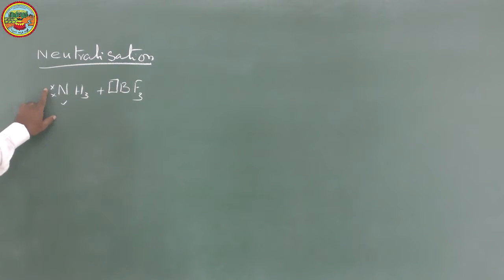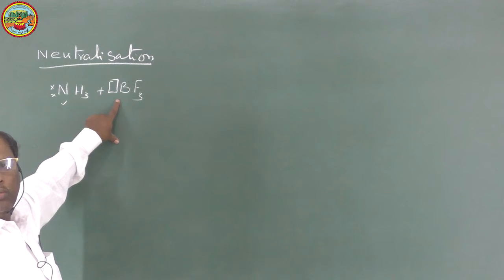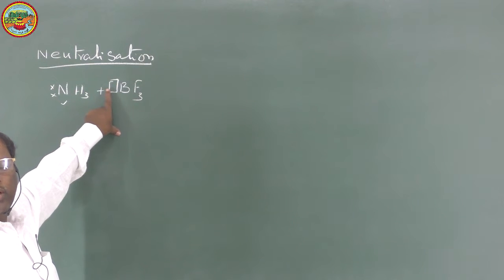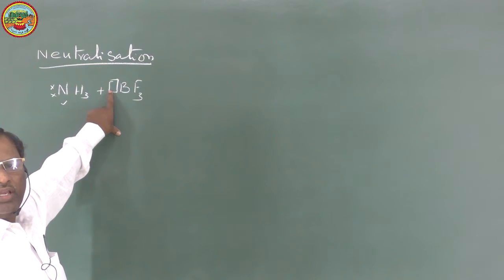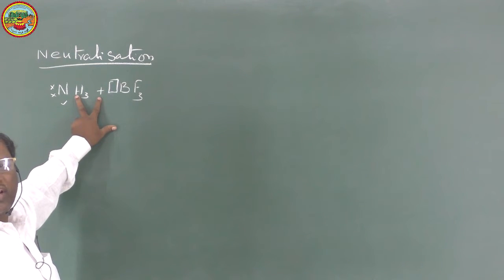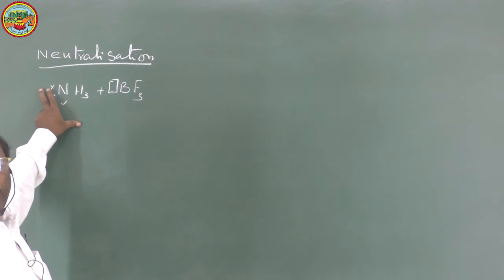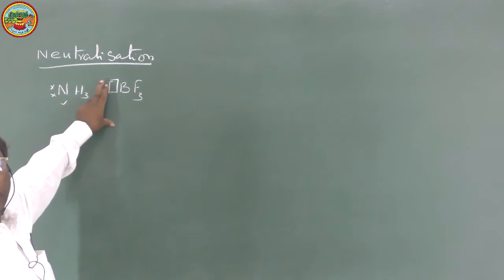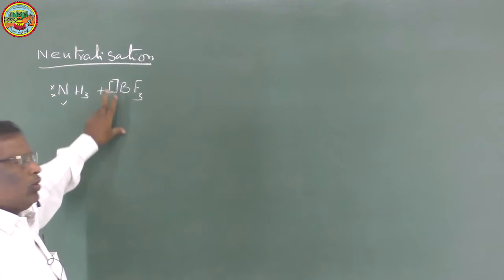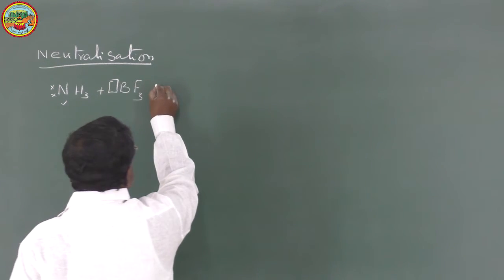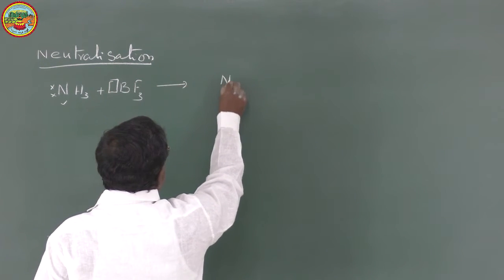And we have already observed the structure of BF3, where the valence shell of boron has one empty orbital. If such species come in contact, the electron pair will be donated by nitrogen and boron will take that electron pair to form a covalent coordinate bond between nitrogen and boron.